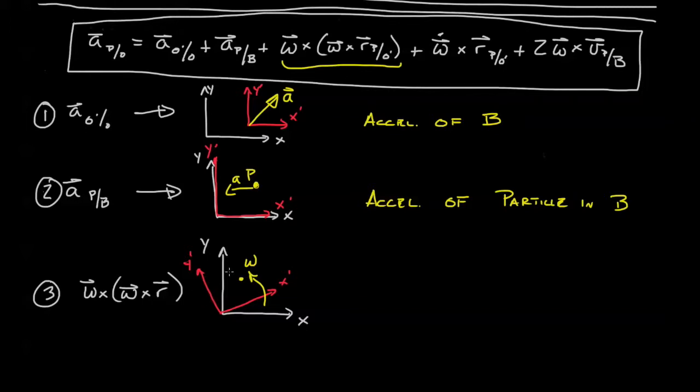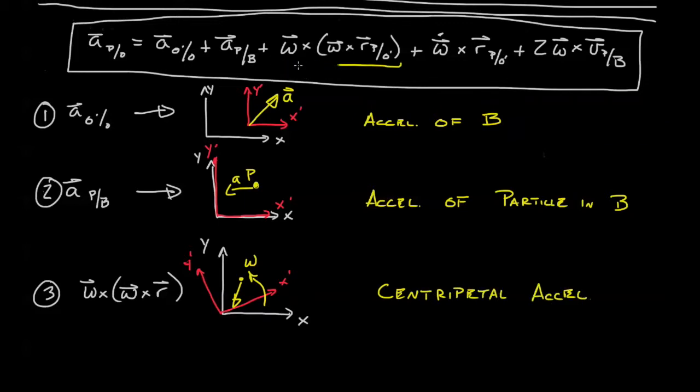As the coordinate frame spins, we're going to see some sort of centripetal acceleration. If you're on the coordinate frame, you see nothing. All you see is that particle's just sitting there. But if you're in your stationary frame, you see omega squared r, or the centripetal acceleration. That's what this term accounts for. And if you do the directions and the cross products, you'll see that the direction of the acceleration is going towards the center. In this particular case, this is centripetal acceleration.